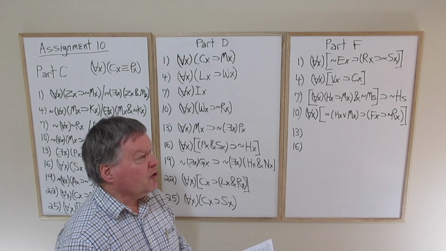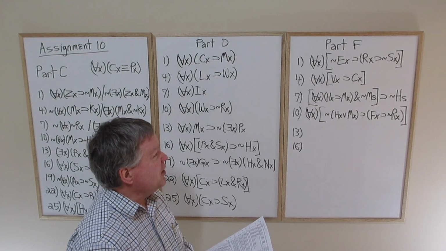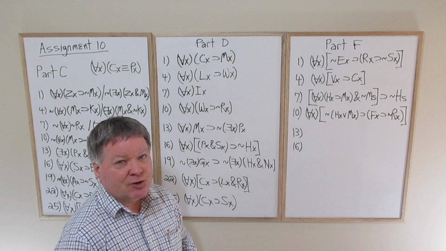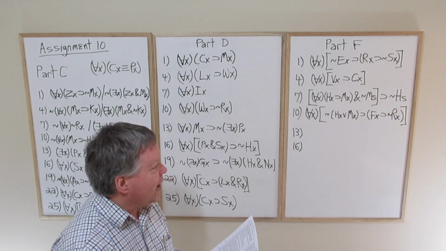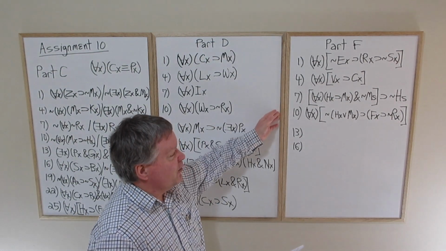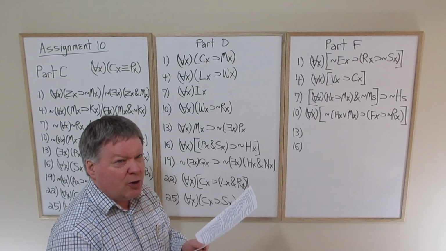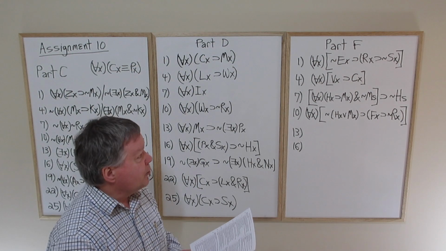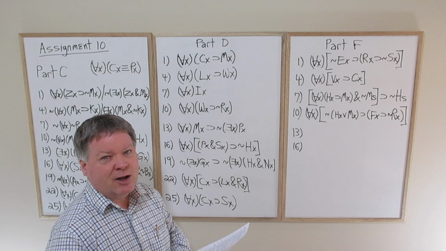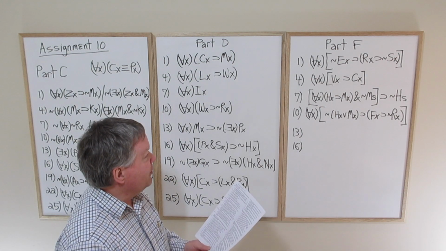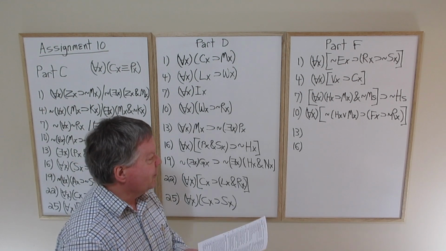As long as your symbolization exactly specifies the commitment about the world that's made by the English sentence, you're fine. It's my problem to figure out which of the various alternative versions will also be correct answers. All you have to think about is formulating the right symbolic sentence that exactly specifies the commitment about the world indicated by the English sentence you're symbolizing.